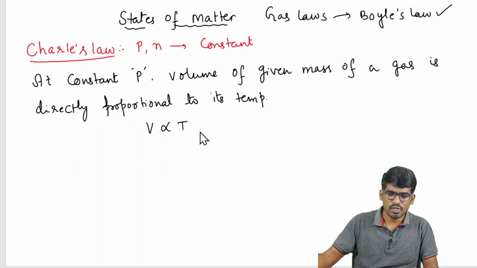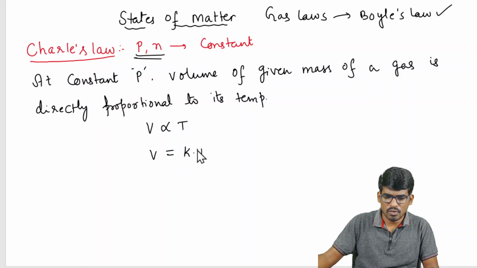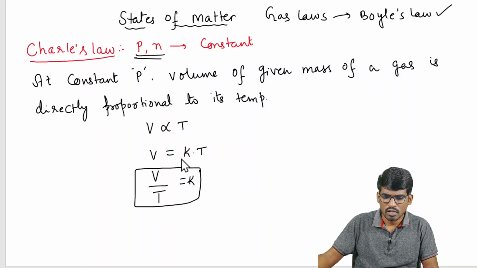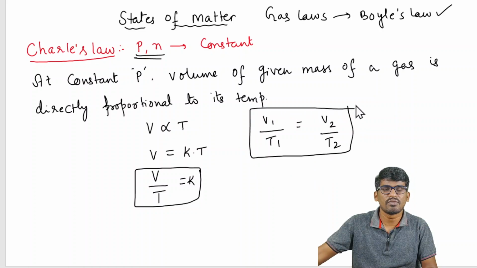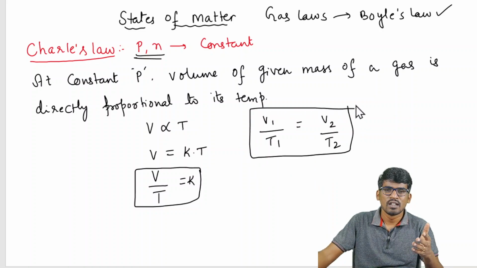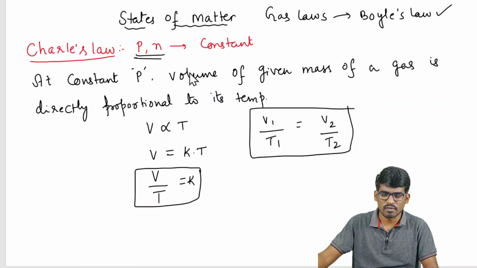So V is proportional to T, but the pressure and number of moles must be constant. So V is equal to K into T, where K is the proportionality constant, so V by T is equal to constant. If it is two different conditions, I can take it as V1 by T1 is equal to V2 by T2, where V1 and V2 are initial and final volumes respectively, and T1 and T2 are initial and final temperatures respectively.